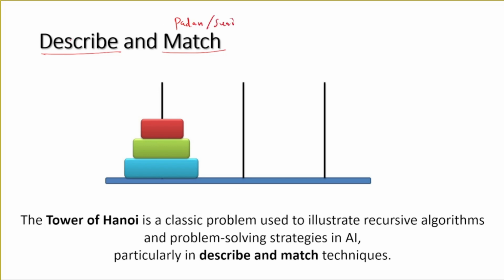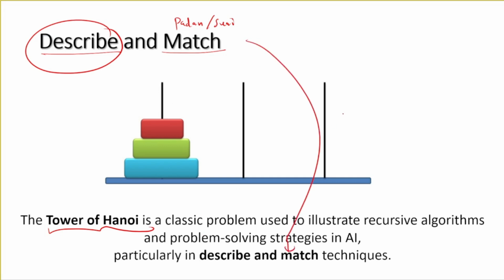So this one, describe. I think you know the meaning. This is what we call the Tower of Hanoi. Basically, it's a classical problem used to illustrate the recursive algorithm and problem-solving strategy in AI, particularly describe and match. So this is this particular technique, right?